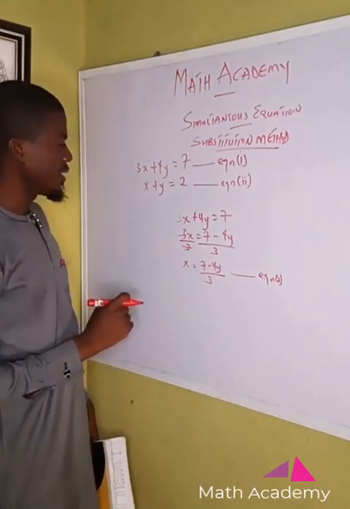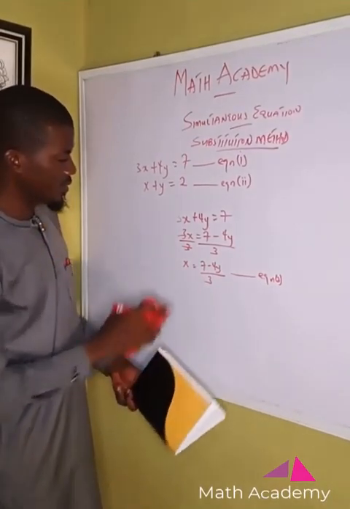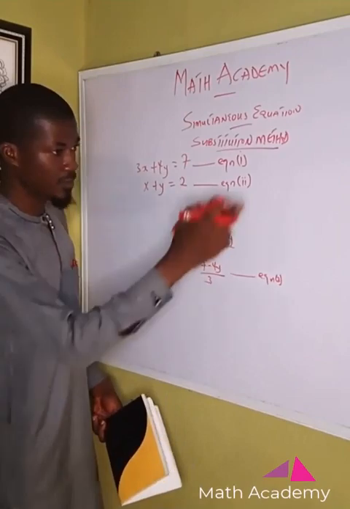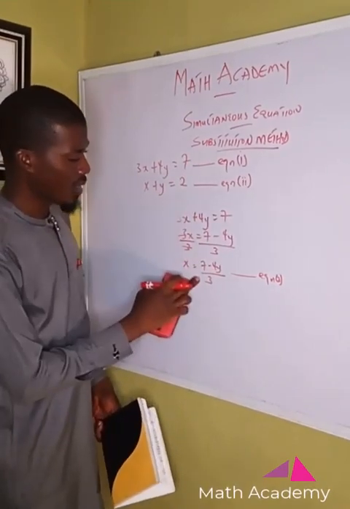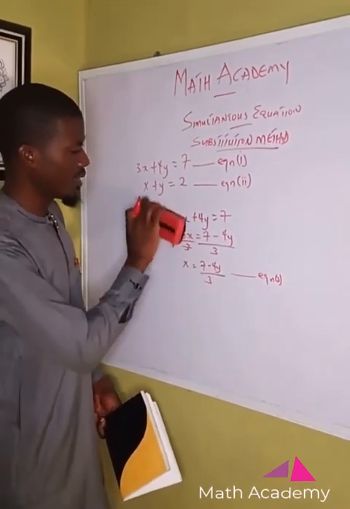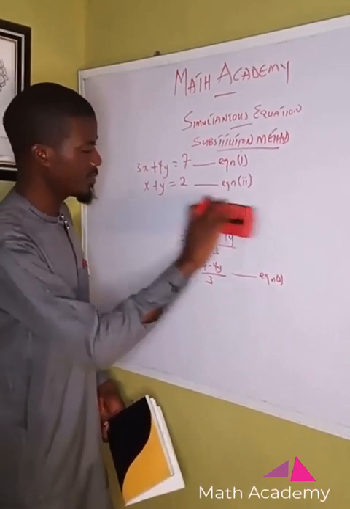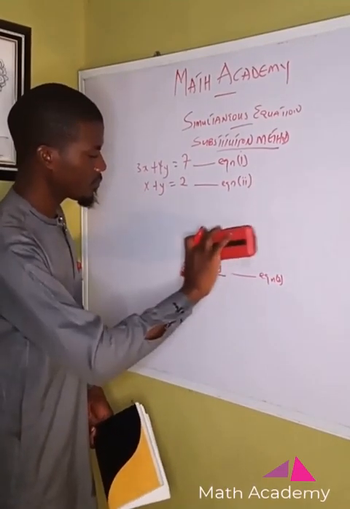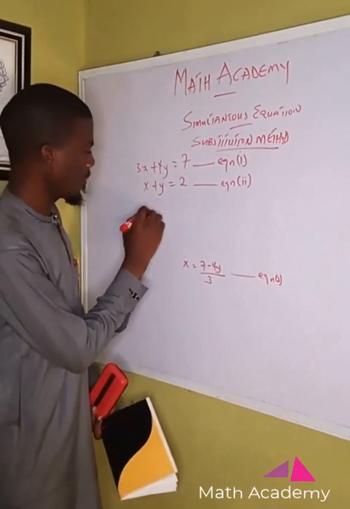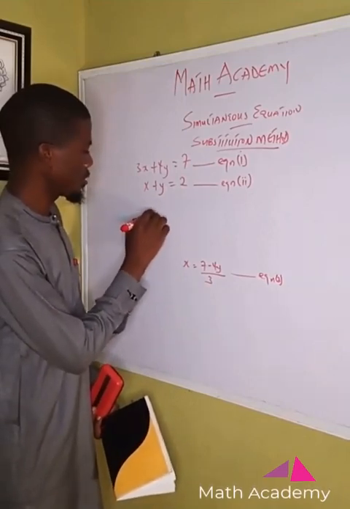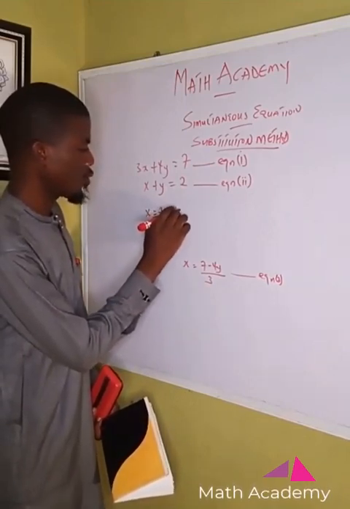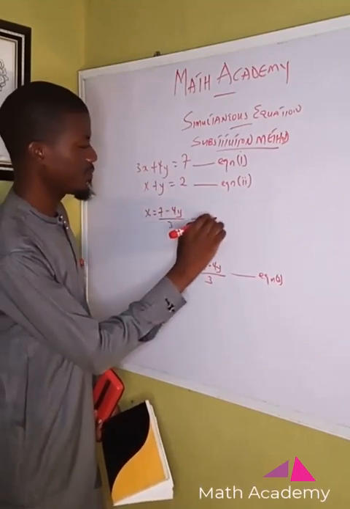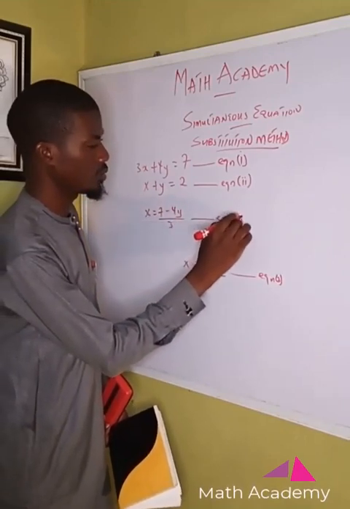That's the idea. Now let me clean this off, because of the space on my board, to have my equation 3 just right here. You understand how we arrive at this, right? So I'll say x equals 7 minus 4y all divided by 3 as my equation 3.